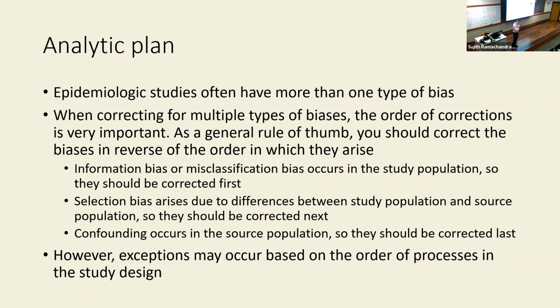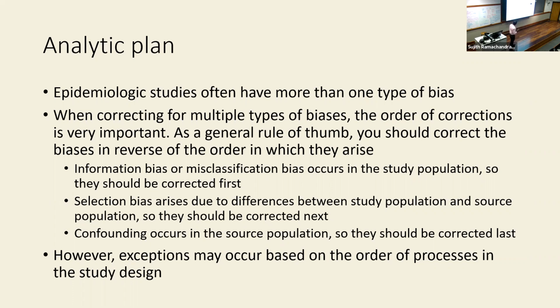If they were all simple multiplicative adjustments, you could simply chain them any way you want and assume that the biases are not building on top of each other. If you make that assumption, this would be acceptable. But particularly the adjustment for misclassification bias is not a simple multiplicative adjustment. There is more change that is involved in that adjustment. So you have to be careful with the order of bias adjustments you do.